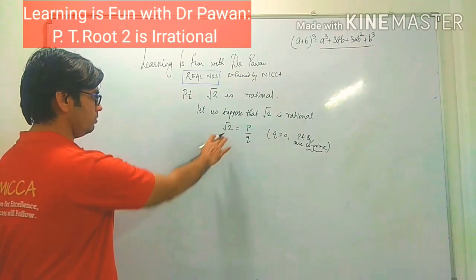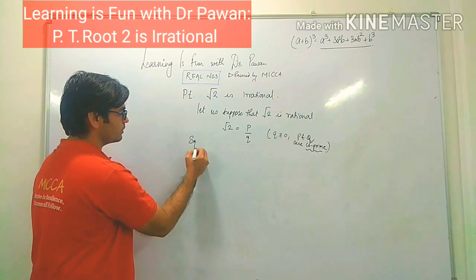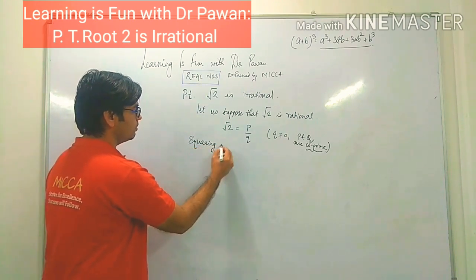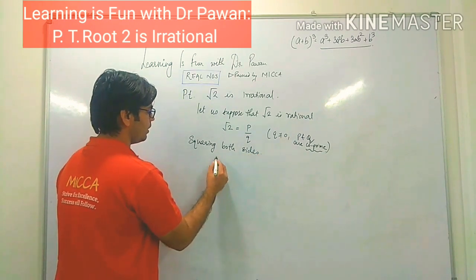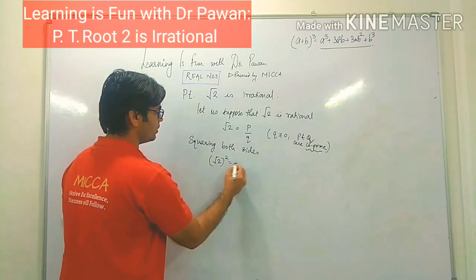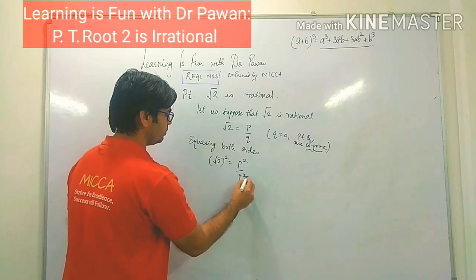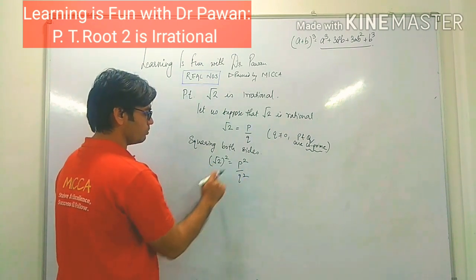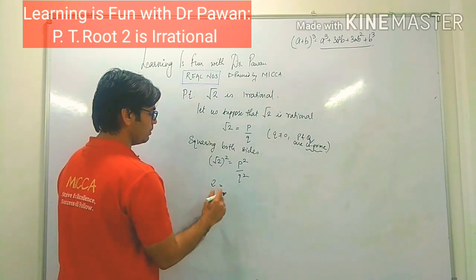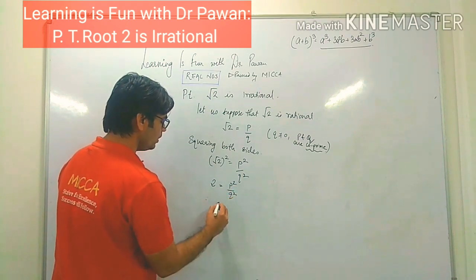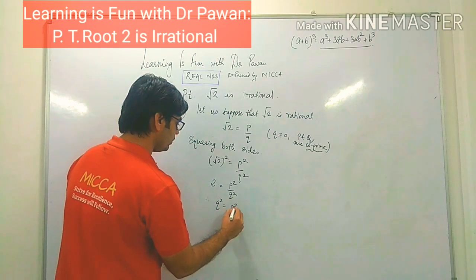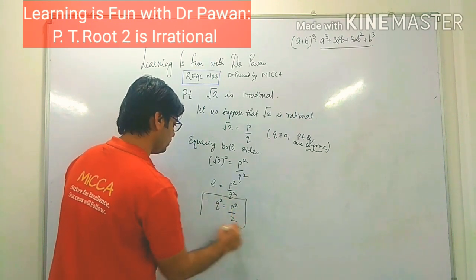Now what we do is we square both sides. So you have root 2 square equal to p square by q square. Root 2 square is 2, the root and square cancel. So 2 equals p square by q square. Therefore, q square equals p square by 2.